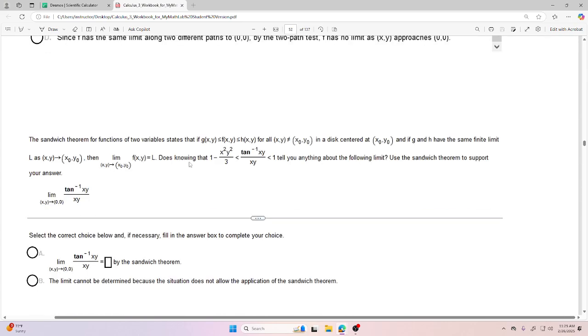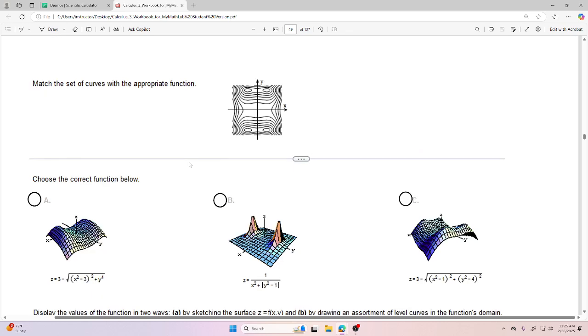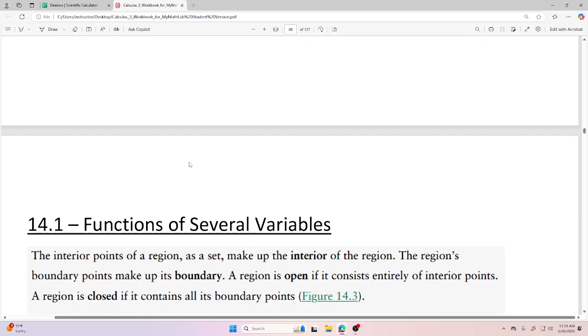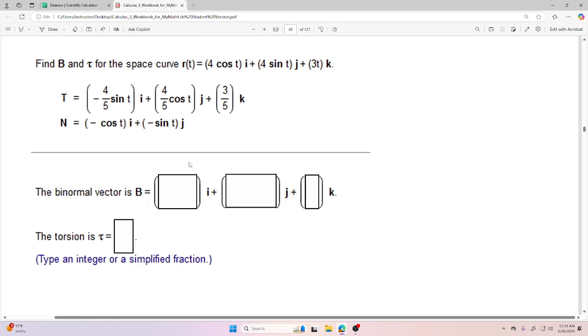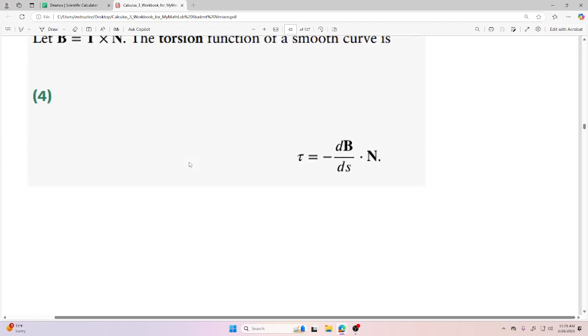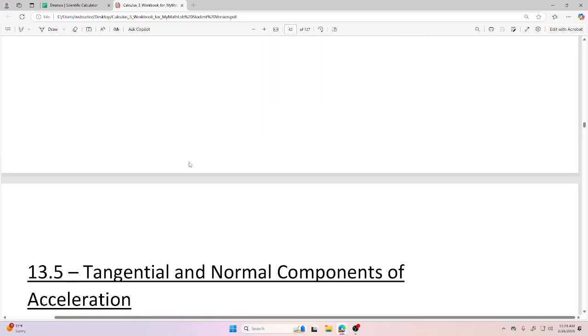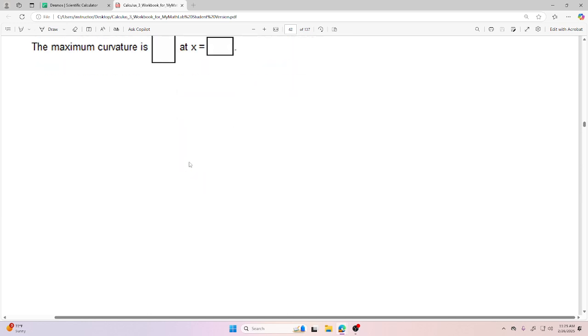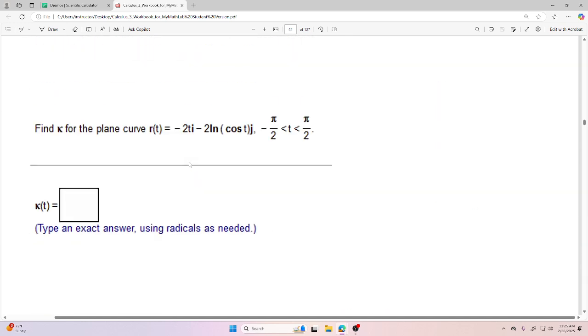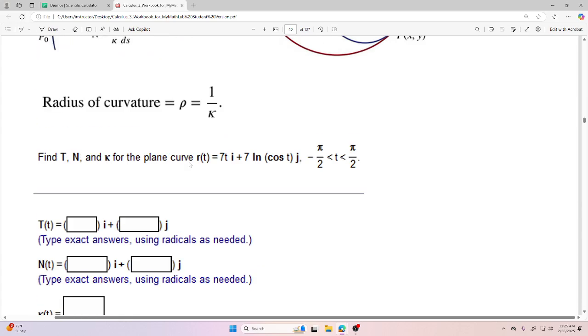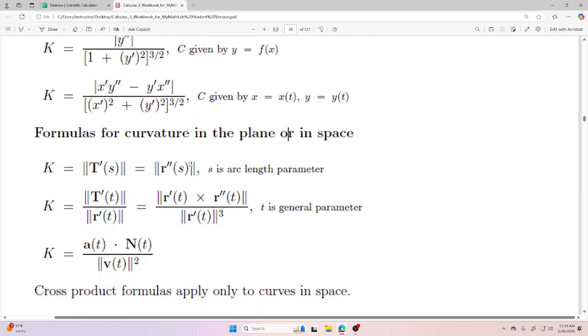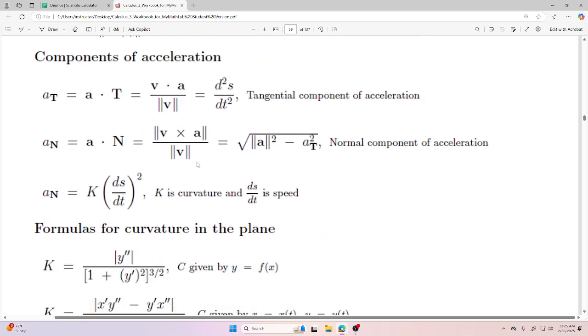Okay, that was too far. It's like the last section here. No, it's 13.4. This stuff. This one.